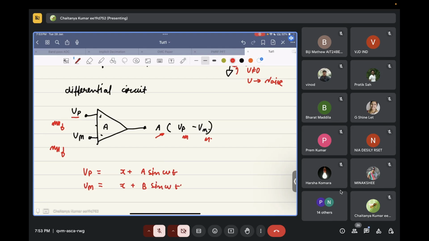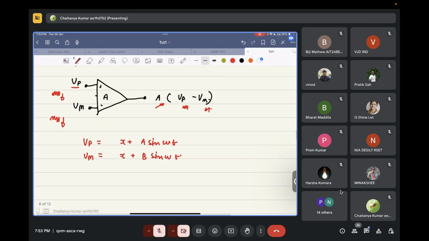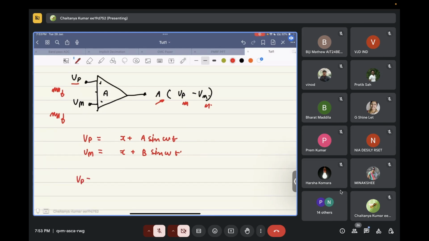Okay. So the differential signal that we will have is Vp minus Vm, or let's write it like this: x plus a sine omega t, and this is x minus a sine omega t. Okay, so what differential signal will we have?